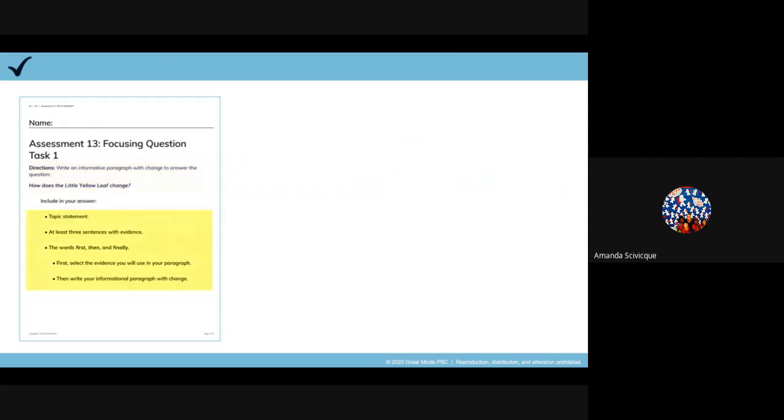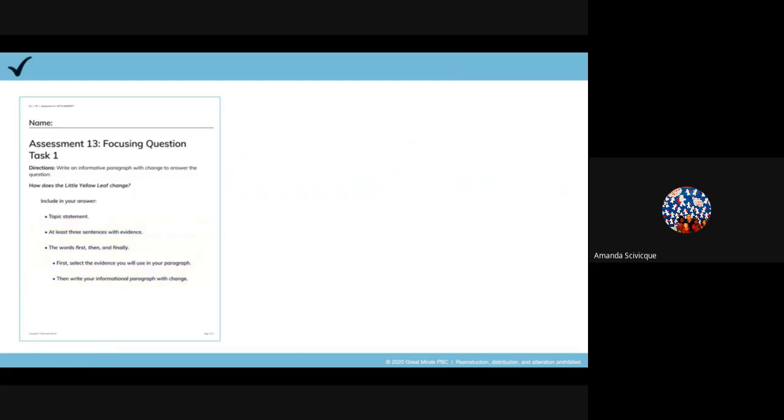It's important to include the following in your answer: a topic statement, at least 3 sentences with evidence, and the words first, then, and finally. First, select the evidence you will use in your paragraph, then write your informational paragraph and be sure to include change.